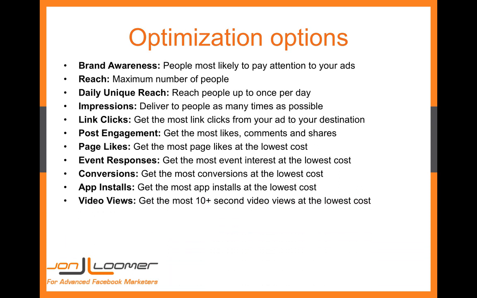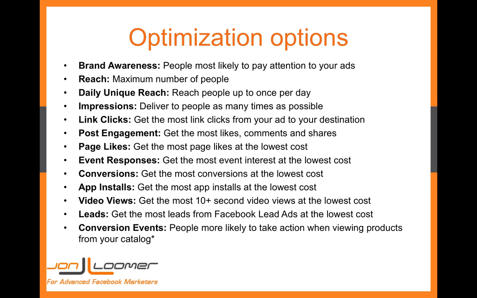Video views, get the most 10 plus second video views at the lowest cost. And it's good that that's 10 plus second. I think it used to be 3 plus second, which is not all that valuable. Then leads, get the most leads from Facebook lead ads at the lowest possible cost. And finally, conversion events. This would be when optimizing for your dynamic ads. Show it to people more likely to take action when viewing products from your catalog.